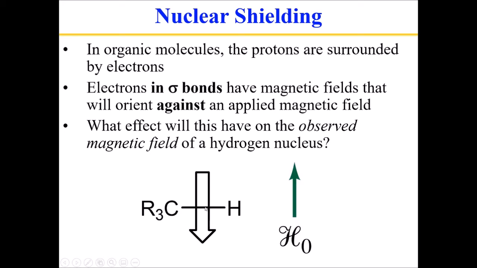And because these electrons have been pulled away from the hydrogen by this hypothetical chlorine, then the net field that this hydrogen feels would go up. 100 minus now 3, if this chlorine was out here, is going to result in that hydrogen dealing with 97 units of field strength. So based on how much energy the photon needs in order to flip that hydrogen, because the hydrogens have different chemical environments, that's how we get information about the structure of the molecule at that particular hydrogen.